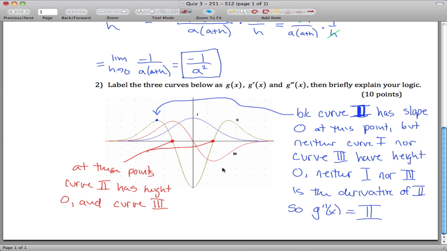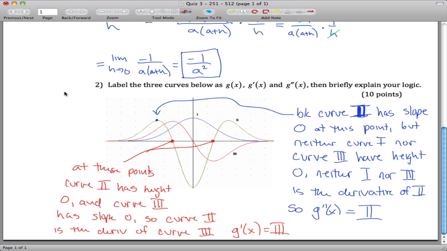The slope right here is 0 and the slope right here is 0. So curve 2 is the derivative of curve 3. Well, you already told me that curve 2 was g double prime of x. So if curve 2 is the derivative of curve 3, g prime of x must equal curve 3. And so by process of elimination, we get that g of x is equal to curve 1.